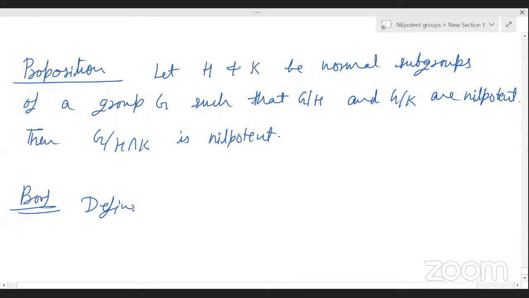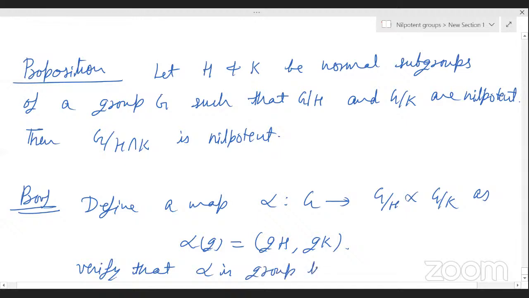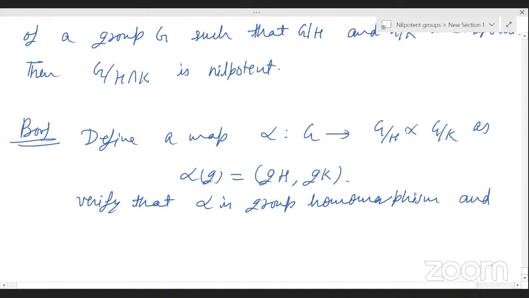Define a map alpha from G to G by H cross G by K as alpha of g equal to (gH, gK). I am leaving it as an exercise for you to verify that alpha is a group homomorphism. And what is its kernel?